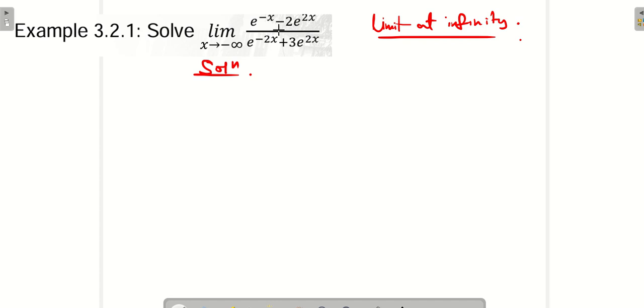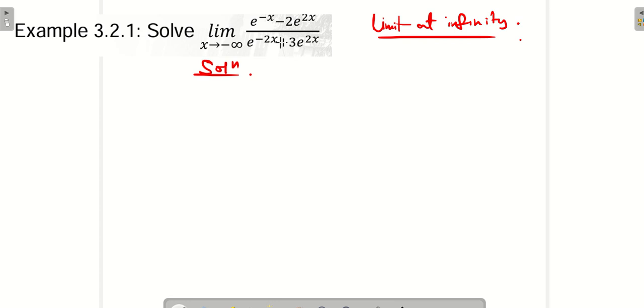Now when you look at this expression, you realize that the highest degree is e to the power 2x.